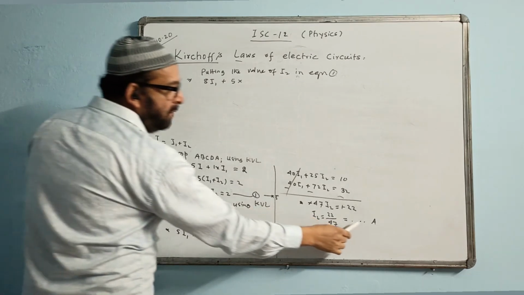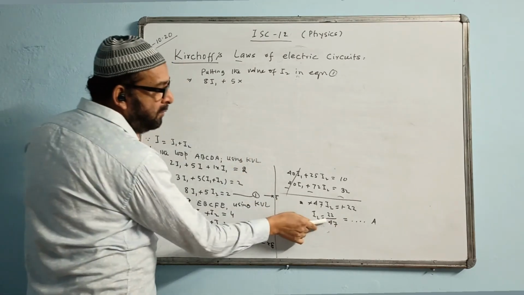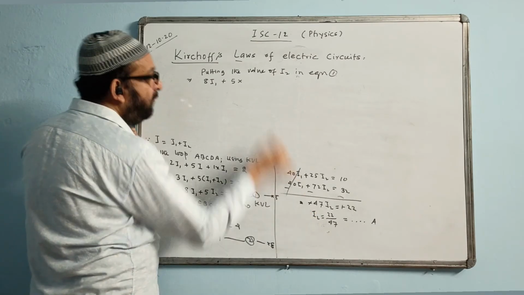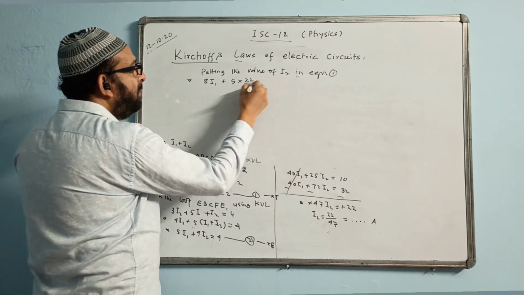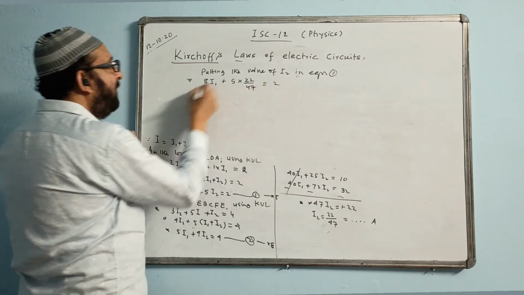Though the answer we are writing here in decimal places, while putting the value we will be using the value which came in fraction form. Right, 22 by 47, equal to 2. Now we find the value of I1.